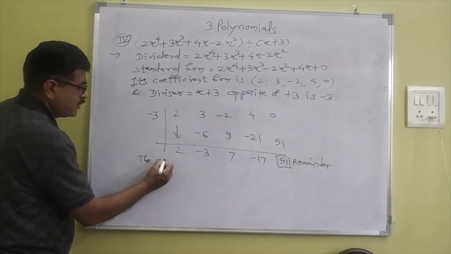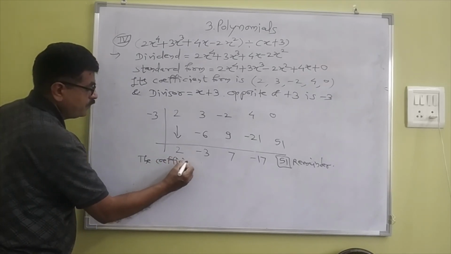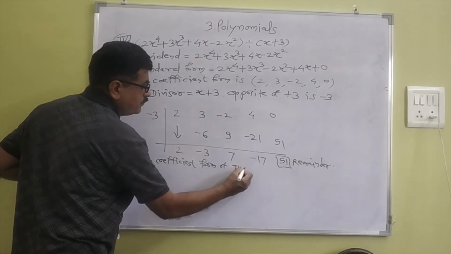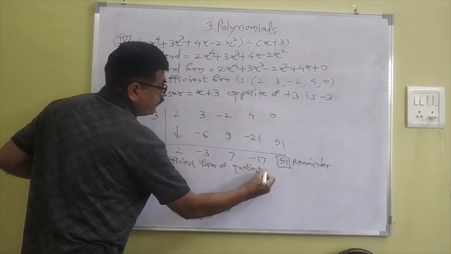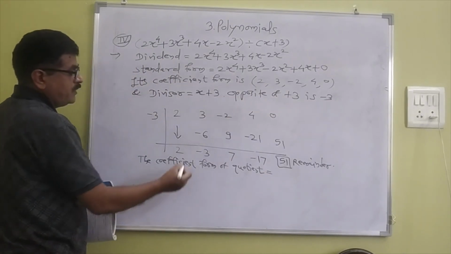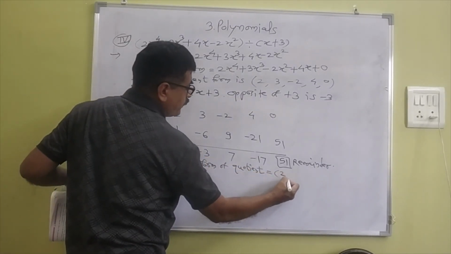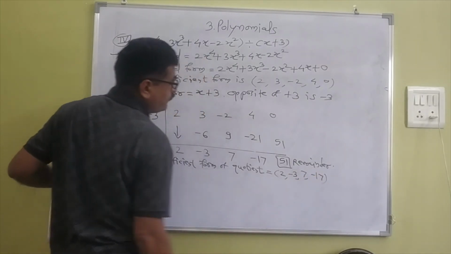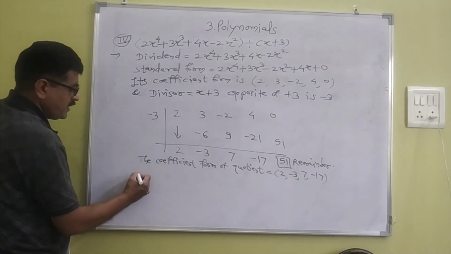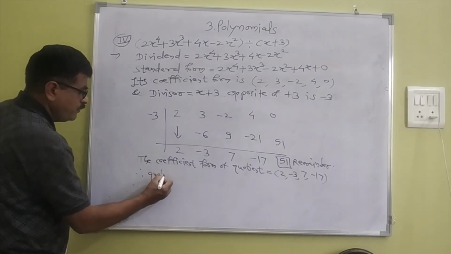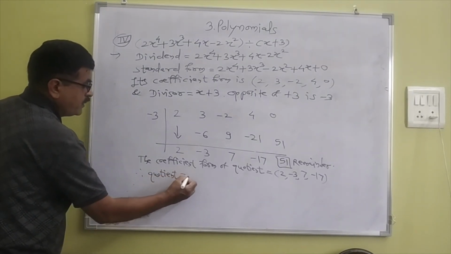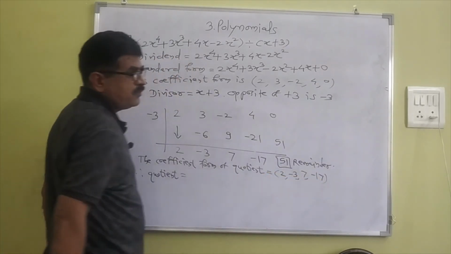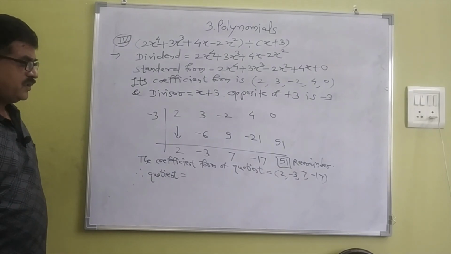The coefficient form of quotient is equal to 2, minus 3, 7, minus 17. Therefore quotient is equal to, now here terms are 1, 2, 3, 4, therefore its degree must be 3.